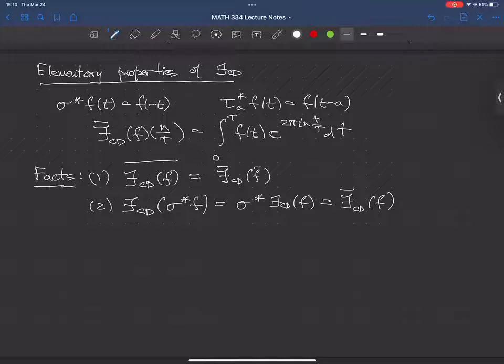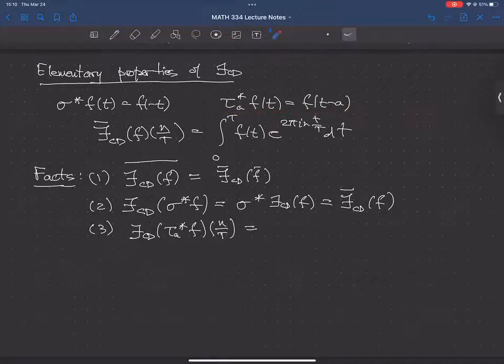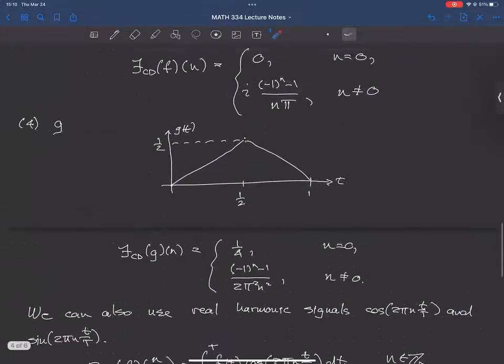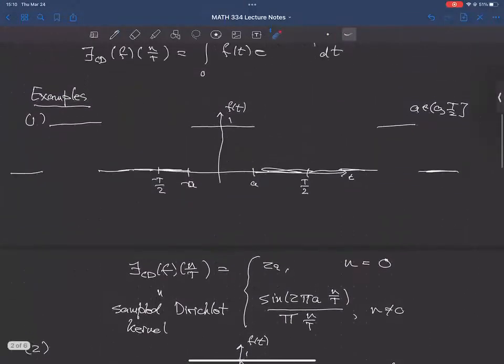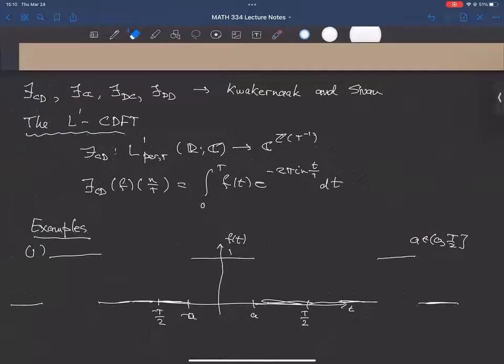Then you might wonder what's the CDFT of a shifted function. So the CDFT of tau a star f gives a value at a certain frequency. To calculate this, if you come up to the definition here, rather than t you're going to have t minus a.